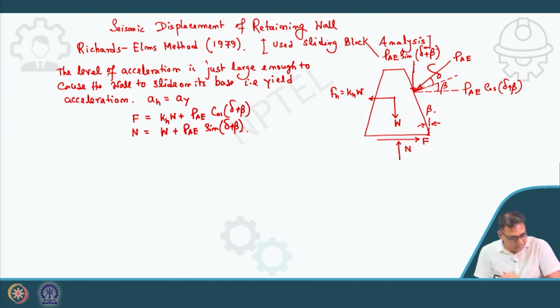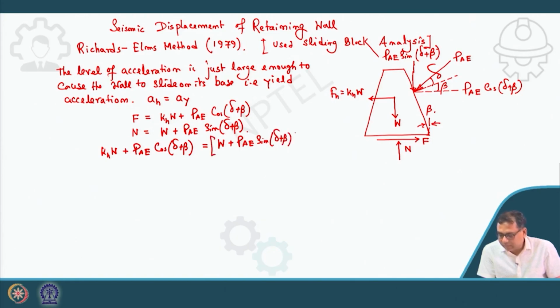Now, I can write that KHW plus PAE cos delta plus beta, that is F, when the factor of safety is equal to 1, will be equal to N into tan phi b or tan delta b, that is W plus PAE sin delta plus beta into tan phi b or delta b.